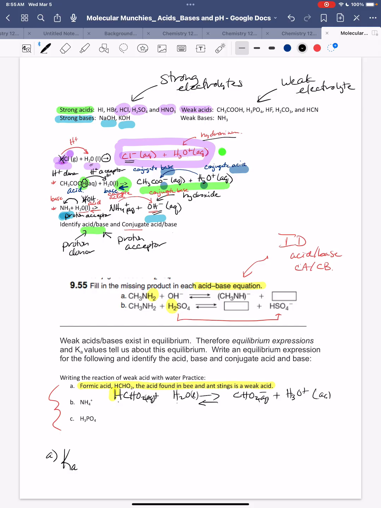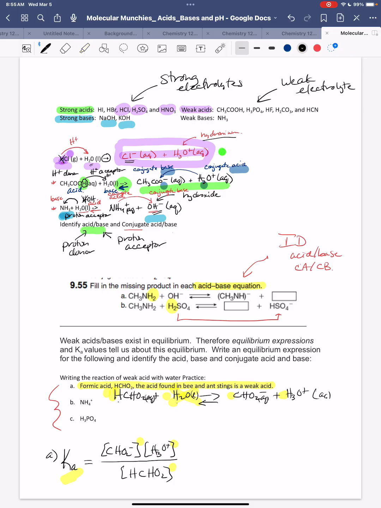So when I write this, I'm going to write my products, CHO2 minus times H3O plus, over my reactant, HCHO2. This is a balanced equation, so I don't have to worry about the superscripts because all of these coefficients are 1. And I'm leaving out the water because it's a pure liquid and its concentration doesn't change. So that would be my Ka value for this acid.